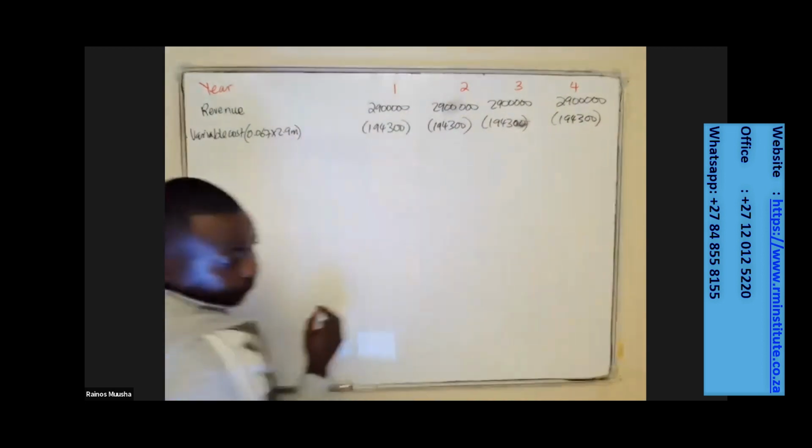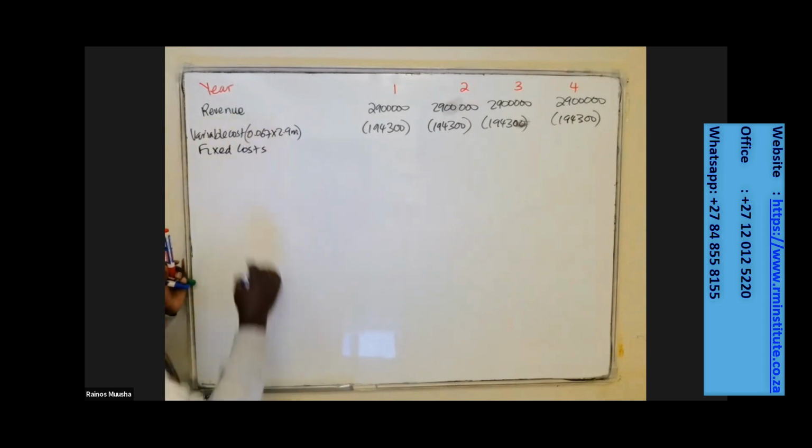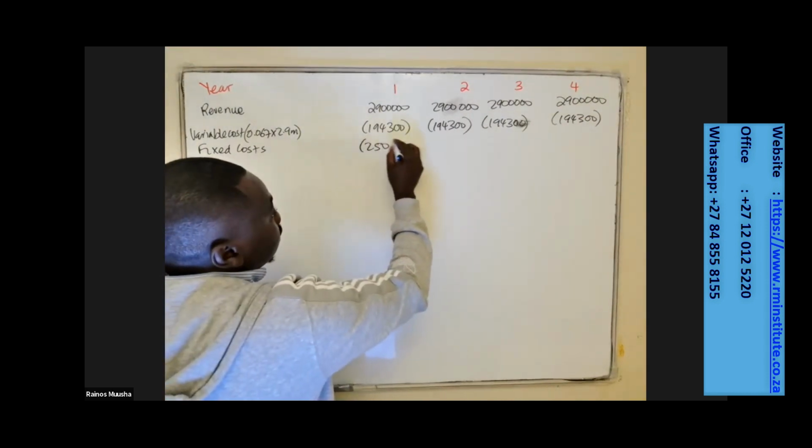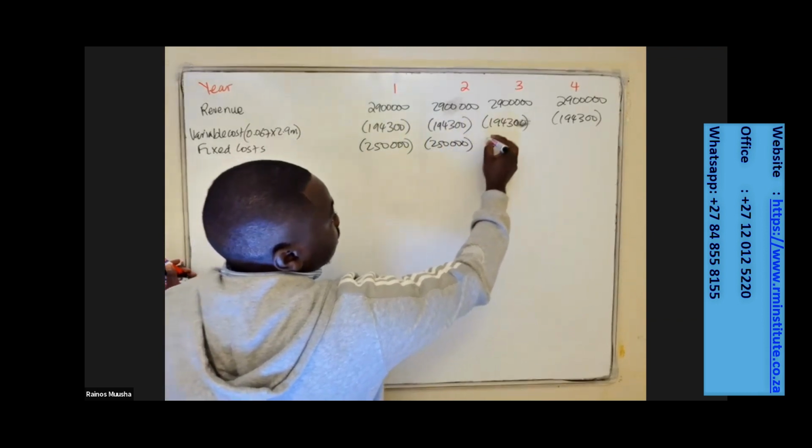Then the fixed costs are going to be equal to 250,000 annually.